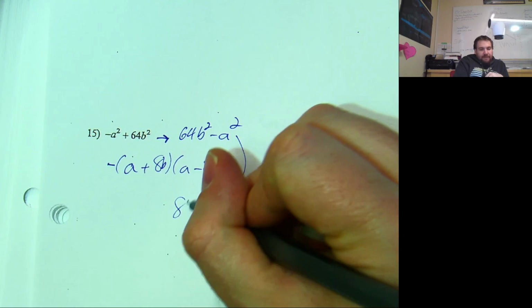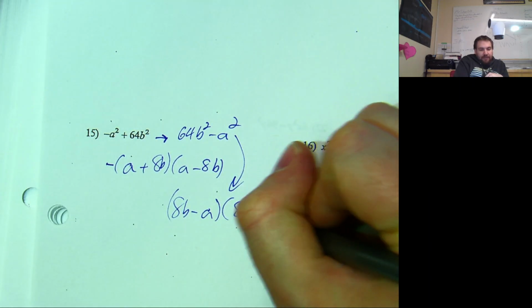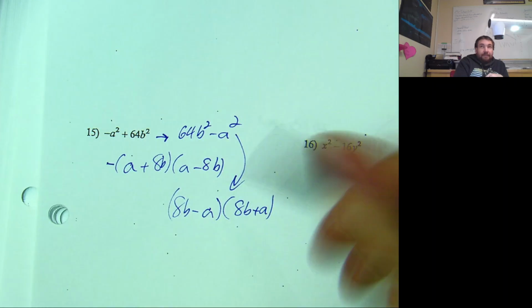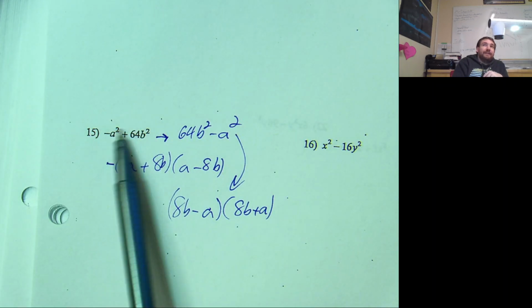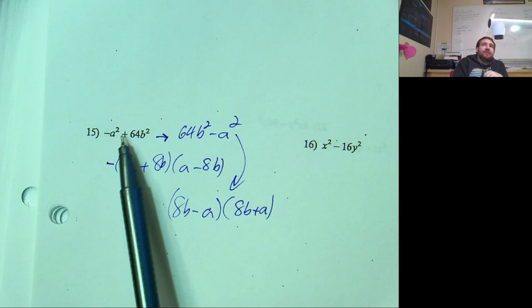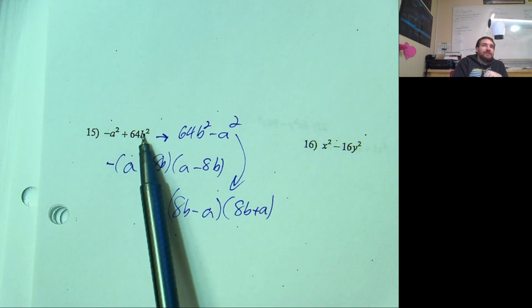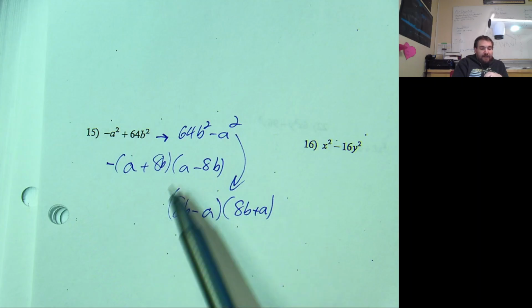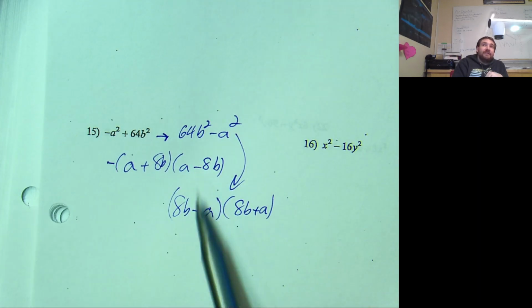So this would become 8b minus a and 8b plus a. These two answers are the same. But if you're going to leave it like this, you have to factor out that negative. So it becomes negative bracket a squared minus 64b squared bracket. And then you factor that and get this. So this and this are the same.